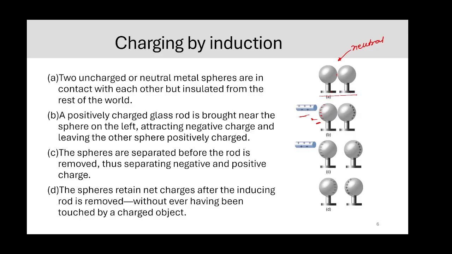Once these negative charges are collected here, it leaves the other part of the sphere with more positive charges, because all the negative charges are at this end.